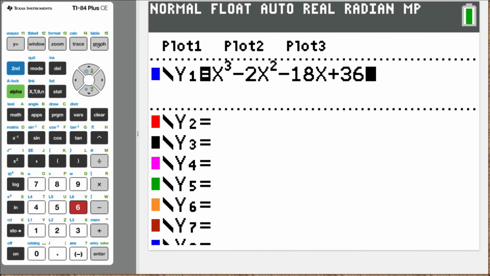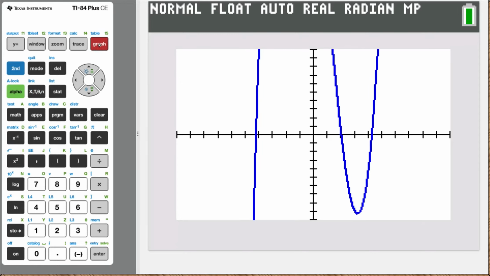Now that I have this, I can hit graph, and I can see where all of my solutions would be. I know that I'm going to have a root here, and a root here. We don't know what these values are, but we have an idea, and we think this is probably going to be a whole rational number.